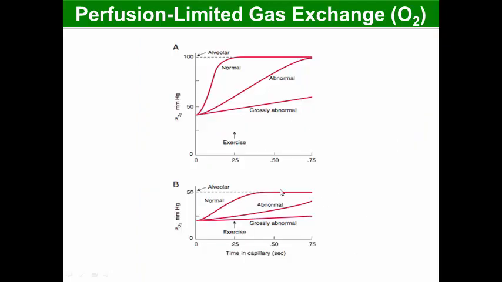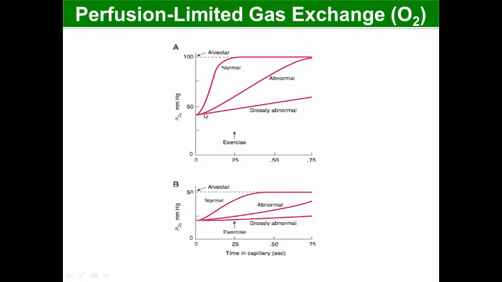This is the situation when the exchange of oxygen is grossly abnormal. This is abnormal, but this is grossly abnormal. You can see here that the partial pressure of oxygen rises only very, very slightly.